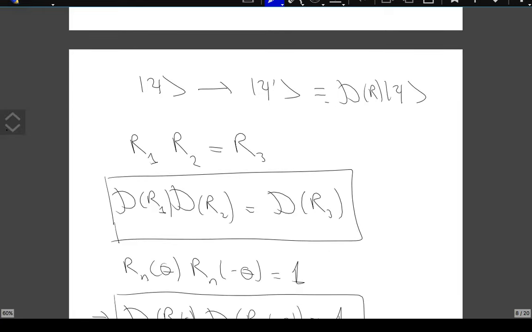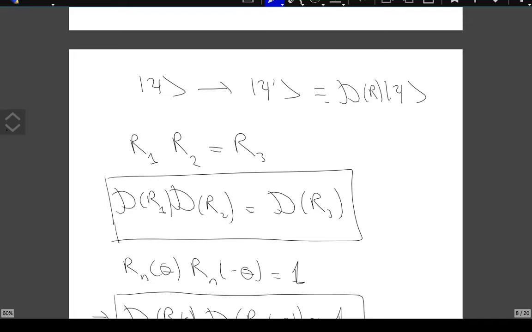in quantum mechanics, we are dealing with vectors in Hilbert space, or the directions in Hilbert space, to be more precise. So if you rotate your states in real space, your system in real space, it should somehow modify your kets. Let's say you have a particle that is localized somewhere at this point.